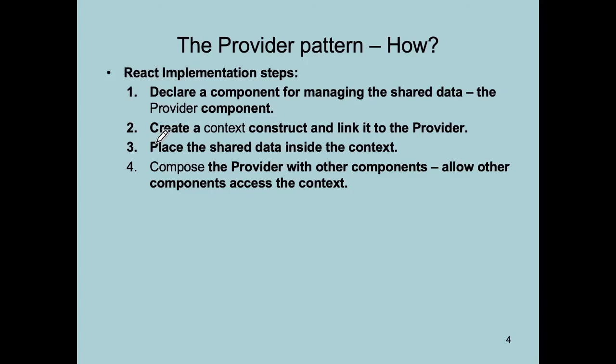So this context construct, that's where we are putting the data, if you like, the state that we want to have available to other components. And step four then is we need to compose. React is all about component composition. We need to compose the provider component with the other components that need to access the data. The other components we refer to as consumers. So we need to compose the provider with the consumers.